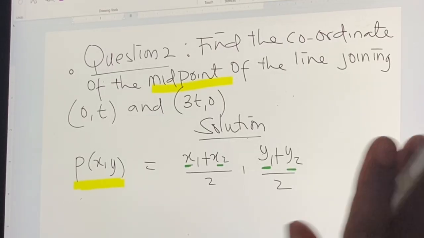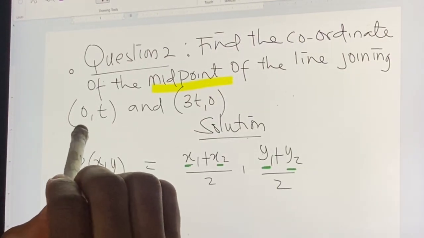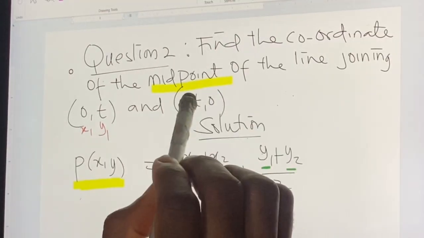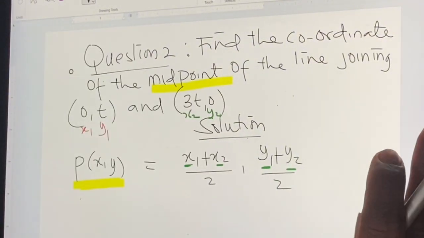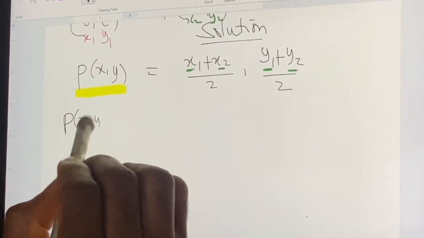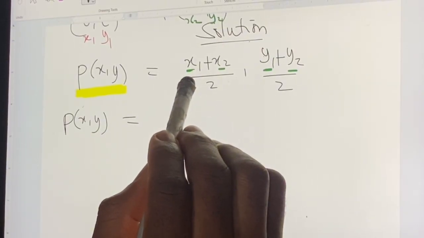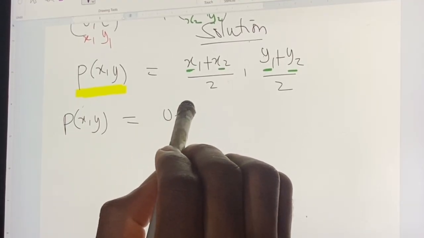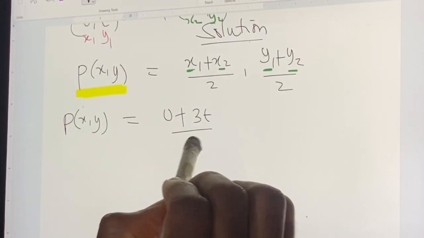Now let's represent this. From the question, what is given to us are coordinates. The first coordinate is x1, y1, and this is x2, y2. So let's replace the values. The point (x, y) will be equal to x1, which is given as 0, plus x2, which is given as 3t, over 2.